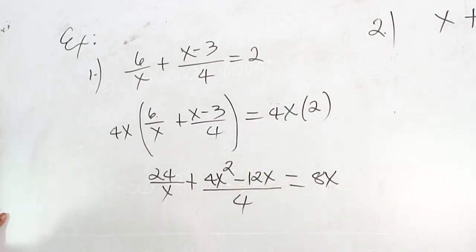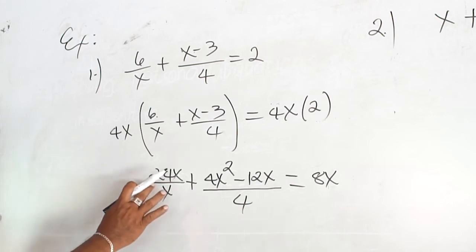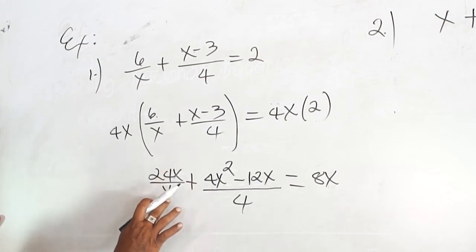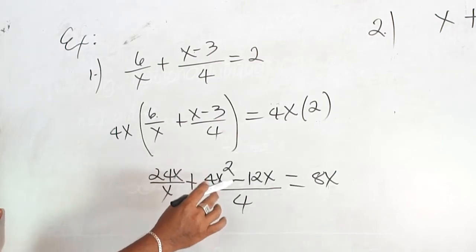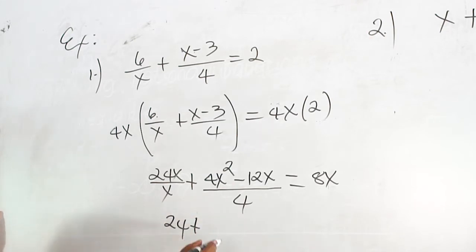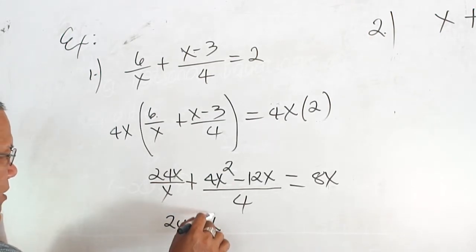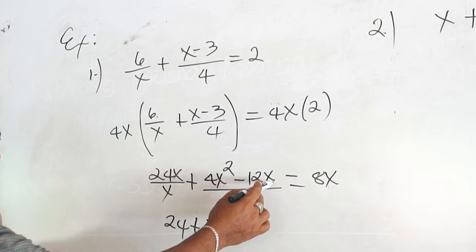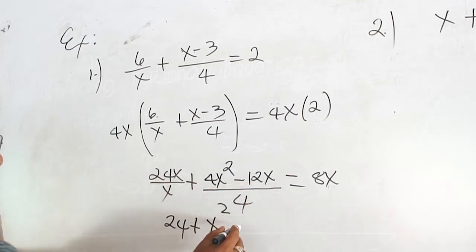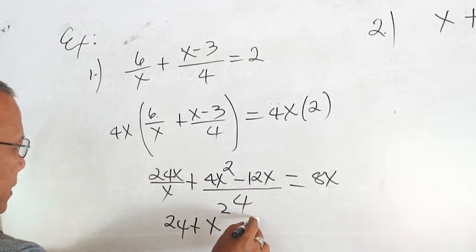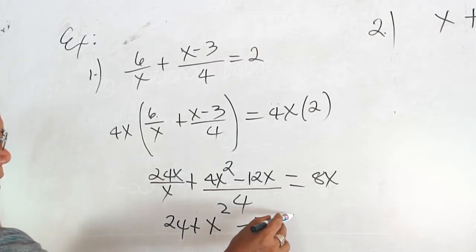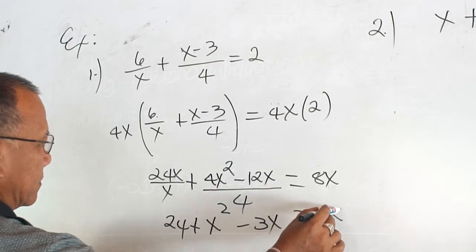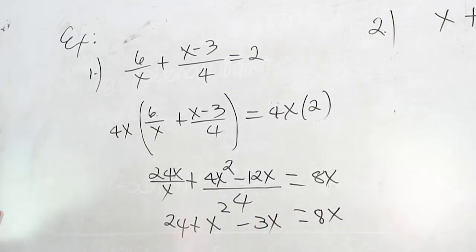Then divide. 24x divided by x is 24. Then plus 4x squared divided by 4 is positive x squared. Then negative 12x divided by positive 4 is negative 3x, equals 8x.